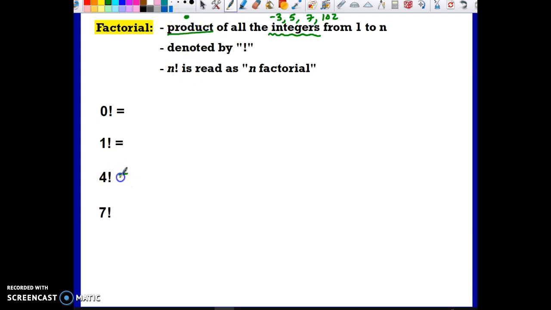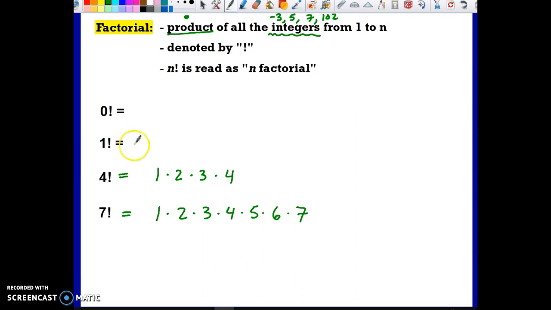So I'm going to do 4 factorial first. I think that will illustrate my point the best. I'm going to multiply 1 times 2 times 3 times 4, all the way up to 4. If I had 7 factorial, it would be 1 times 2 times 3 times 4 times 5 times 6 times 7. And that's 7 factorial.